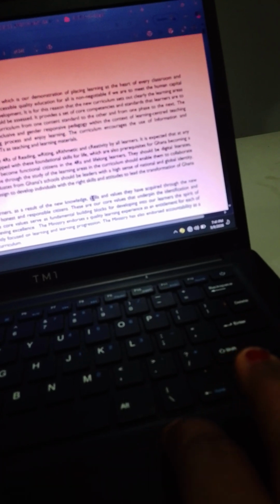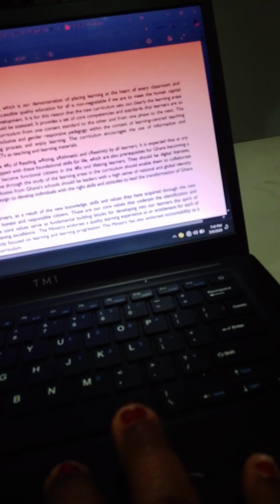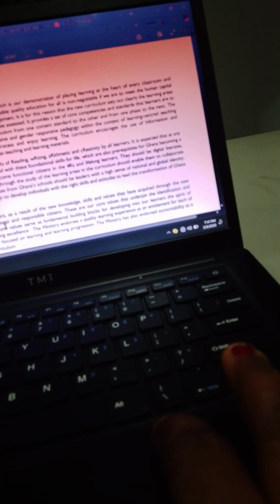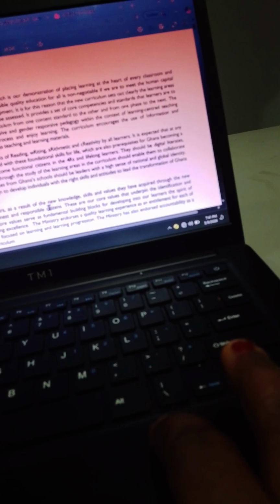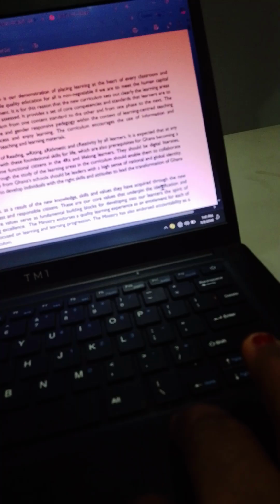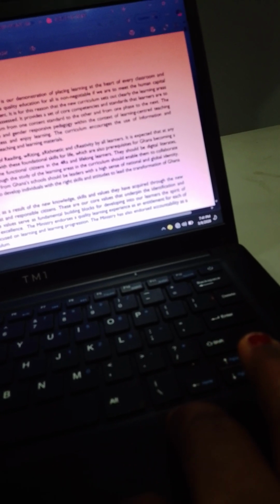For this reason, the Ministry of Education expects that learners, as a result of the new knowledge, skills, and values they have acquired through the new curriculum, will show a new sense of identity as creative, honest, and responsive citizens. These are our core values that underpin the identification and selection of learning areas for this curriculum.